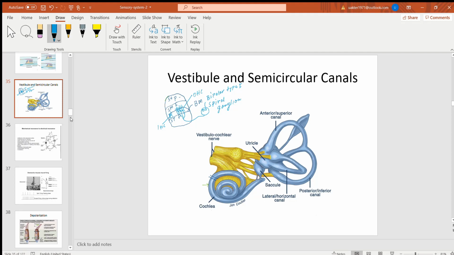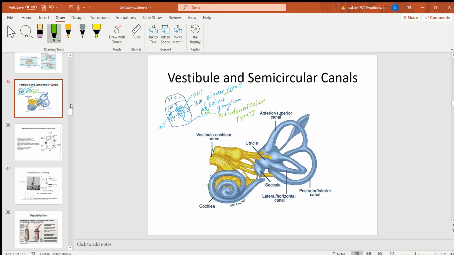And another type of neurons are pseudounipolar, and these are type 2. Makes sense?